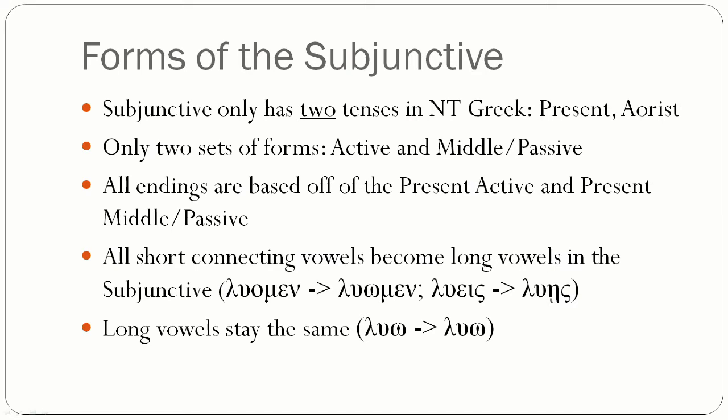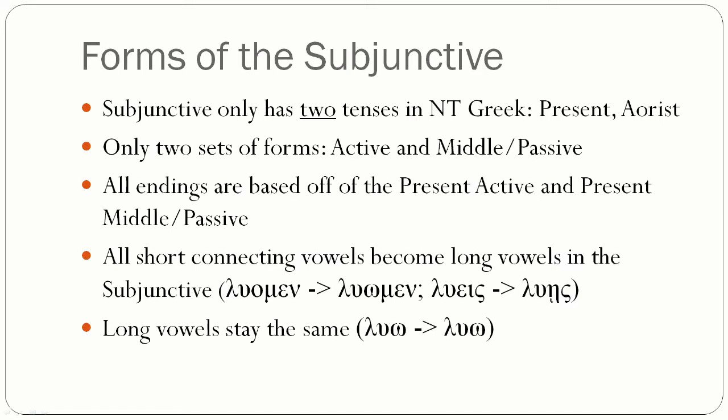So I've given you a couple of examples here, okay? The first person plural, luomen, you look at the connecting vowel, there is an omicron right in the middle of the word as your connecting vowel, so just lengthen that omicron into an omega. And you have luomen, which is the first person plural present active subjunctive ending.